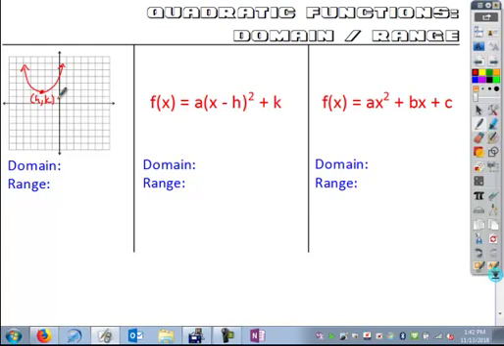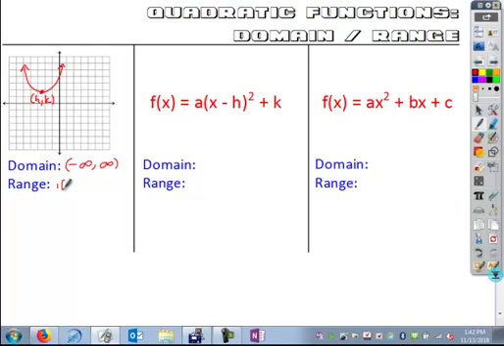This is going to be whether the graph opens up or down. The domain is always going to be all real numbers, so from negative infinity to positive infinity. But the range is determined by whether the graph is opening up or down. If the graph opens up, meaning its leading coefficient is a positive number, then your range begins at the vertex and it extends infinitely in the positive or upward direction.